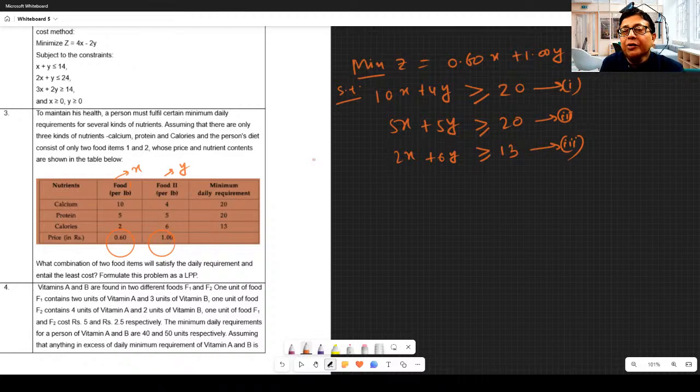So, and x, y obviously greater than or equal to 0. You understand?